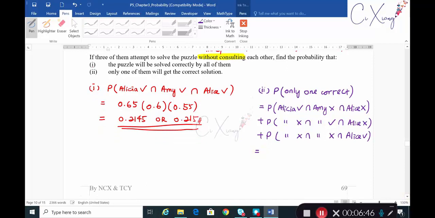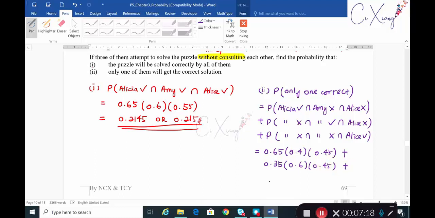Alright, so for the first case, Alicia correct, Amy wrong, Alice wrong, when you write out the probability, it will be 0.65, which means Alicia answers correctly, Amy answers wrongly will be 0.4, Alice answers wrongly will be 0.45. Plus, the next case: Alicia answers wrongly, which is 0.35, Amy answers correctly is 0.6, Alice answers wrongly is 0.45.